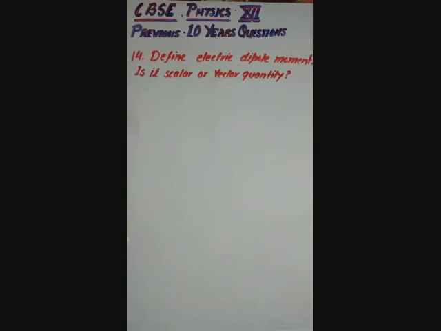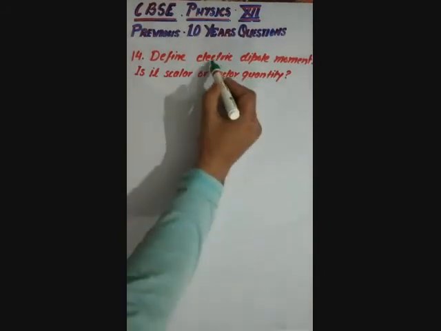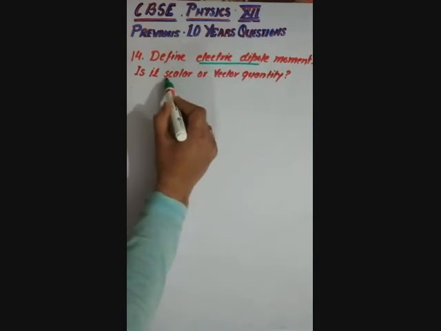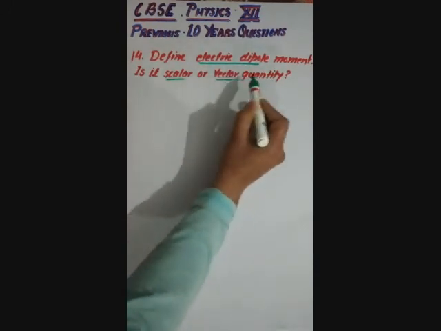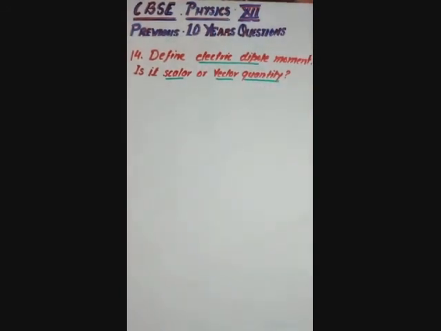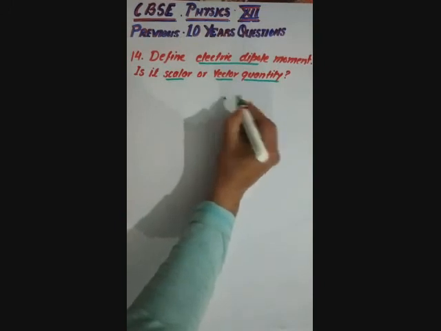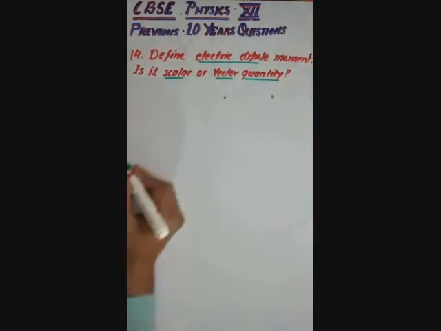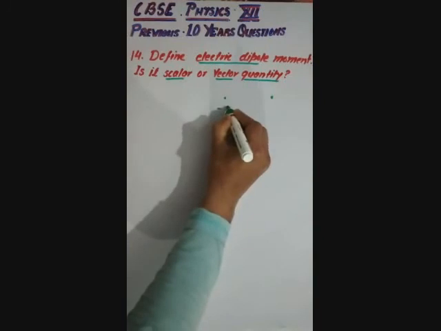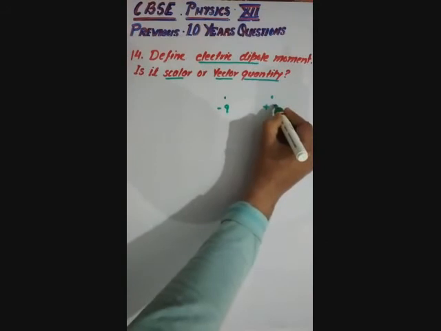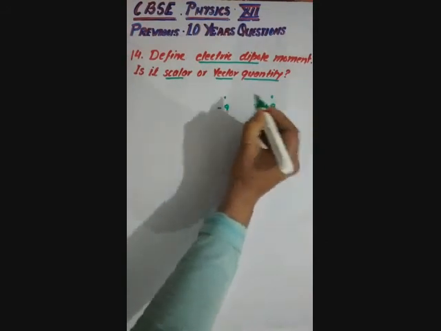Define electric dipole moment. Is it a scalar or vector quantity? An electric dipole is an arrangement of two equal and opposite charges. Suppose this is a charge negative q and this is positive q.